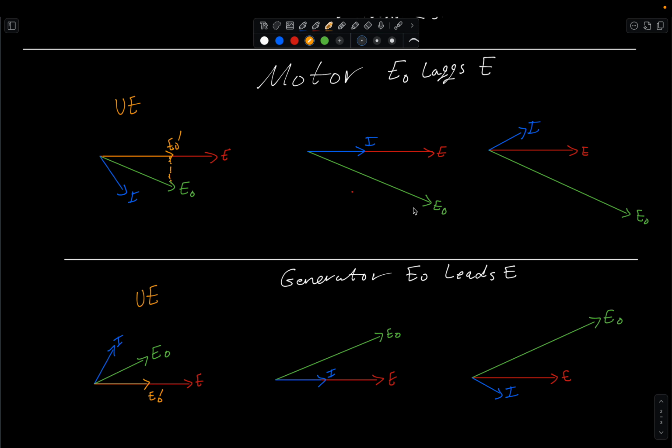Well, in this case, you can see that the actual real magnitude, or the real value, of EO, the internal voltage, is equal to E. Just for comparison purposes, so that you can see, you can see here our real EO equals E. This is considered unity, so your power factor is 1, and in that situation it's considered ideal.